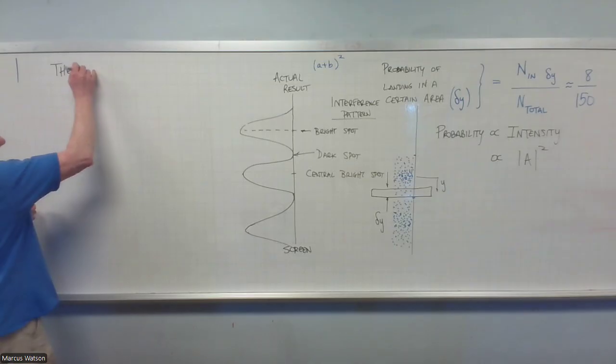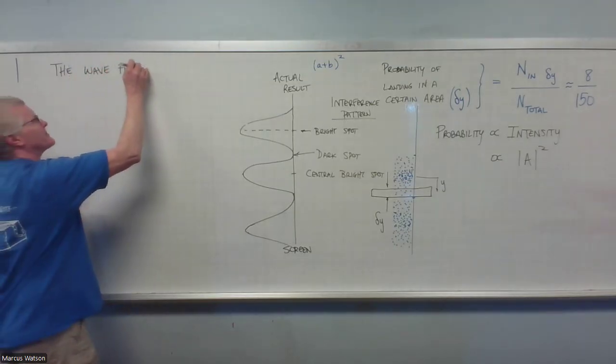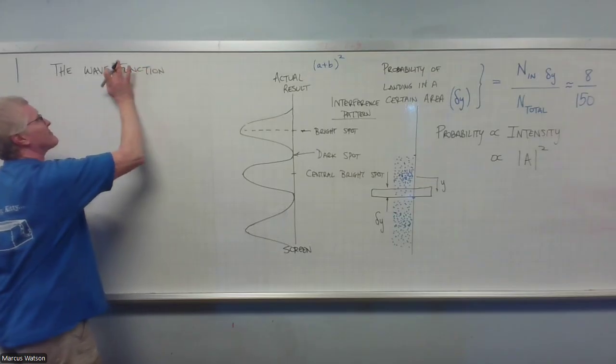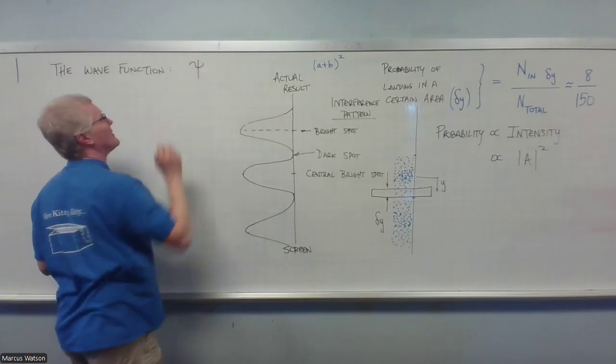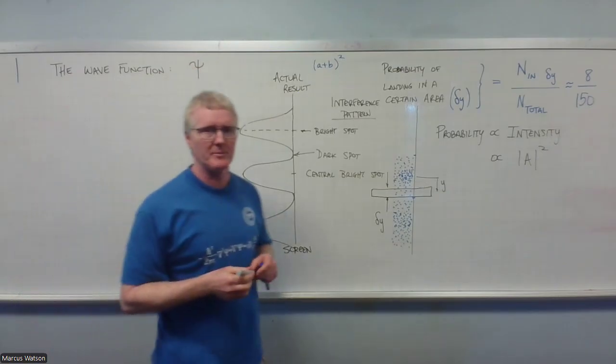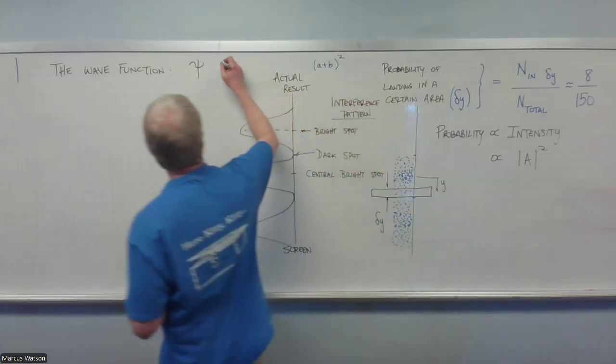This function that describes the waves of the electrons is known as the wave function. And it has the Greek letter, which is called psi, as its character.